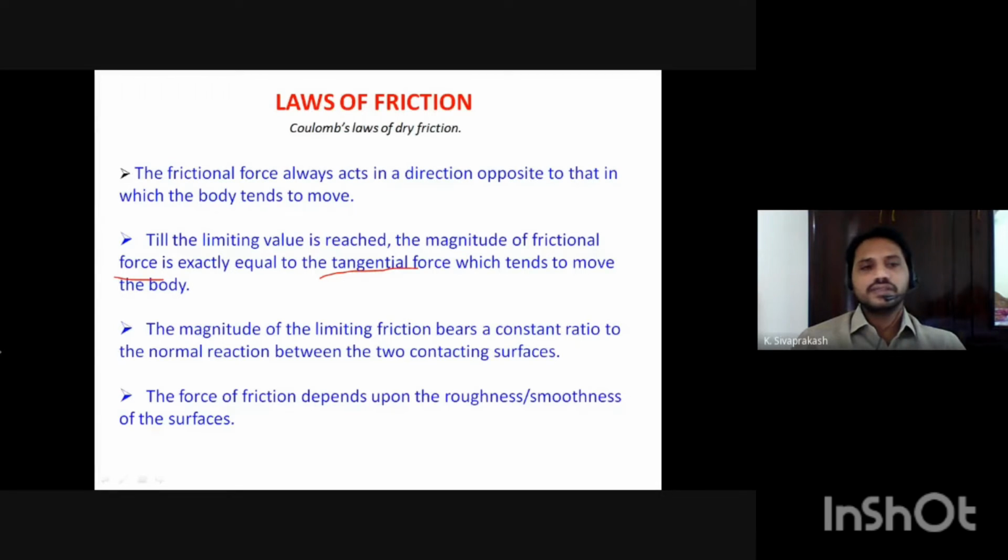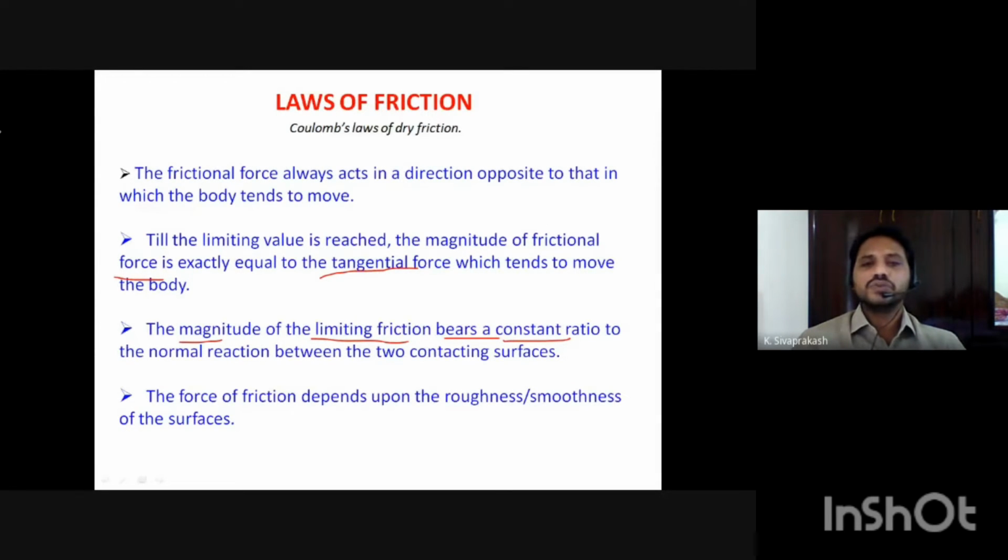This is the second point. Coming to the third point, the magnitude of limiting friction bears a constant ratio to the normal reaction between the two contact surfaces. Here, the magnitude means the value of the limiting friction bears a constant ratio.